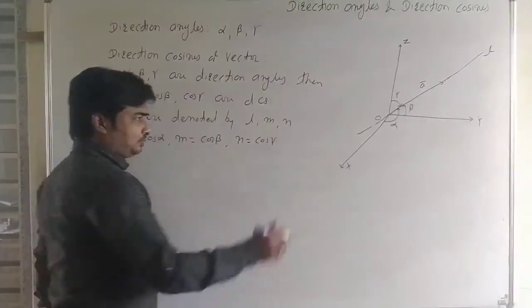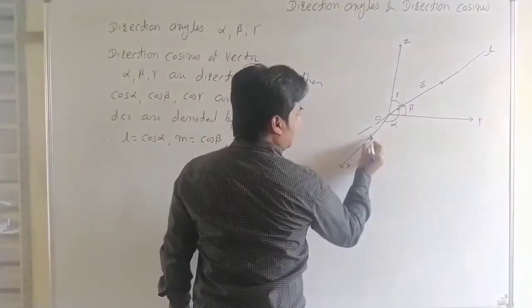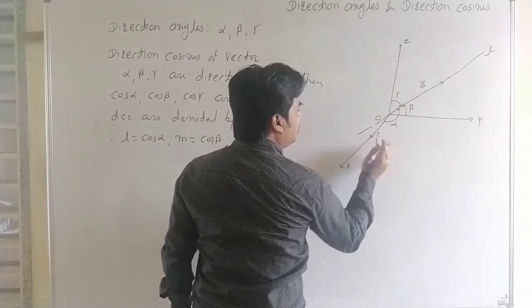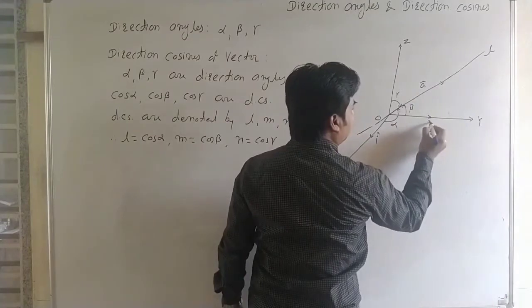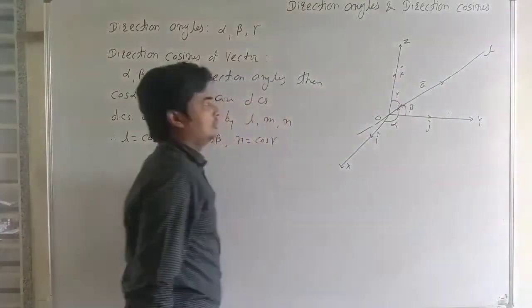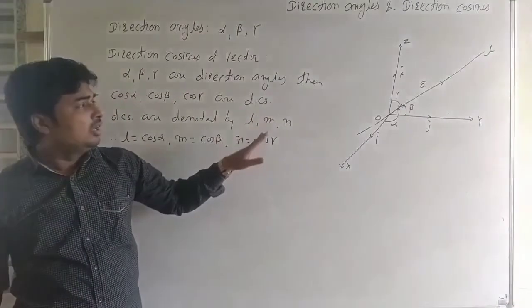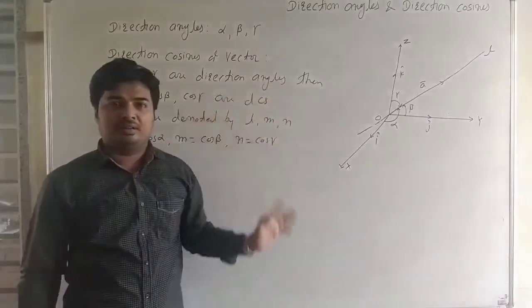Now here is the x-axis, the y-axis and the z-axis. i cap is the unit vector along the x-axis, j cap is the unit vector along the y-axis, and k cap is the unit vector along the z-axis. We have to find the direction angles of the vector i cap.